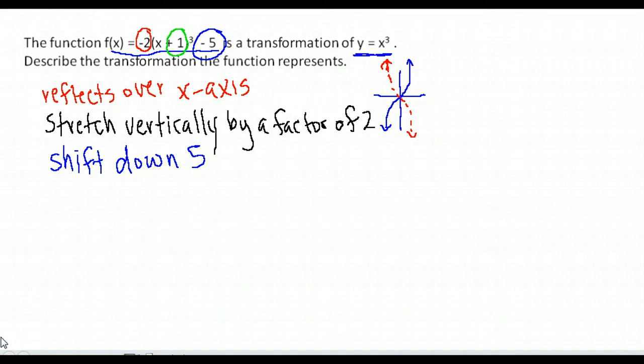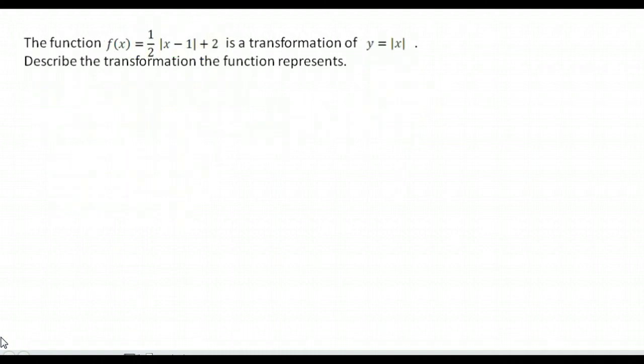Plus means that it's going to shift it to the left, and it's going to shift it left 1. Remember, anything inside those parentheses is opposite of what you would naturally believe. Okay, so those are all the 4 different things that are going to happen to that graph. We demonstrated just the reflection in the picture.